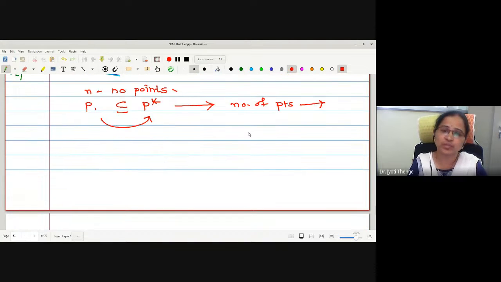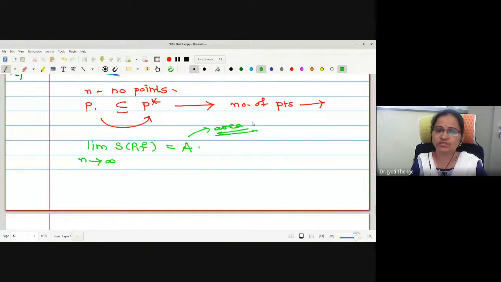Therefore, what is the limit we were considering here? What is the next definition we have? Limit S(P, f) as n tends to infinity. If it reaches the actual area, A is the actual area of the given function. If this is so, then the function is integrable. If not, function is not integrable.